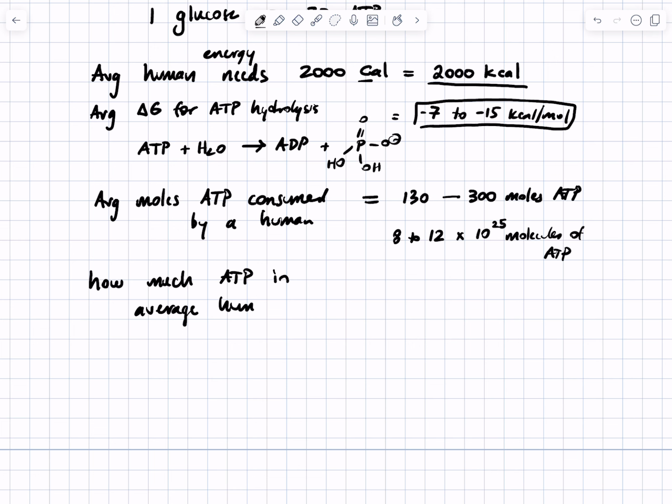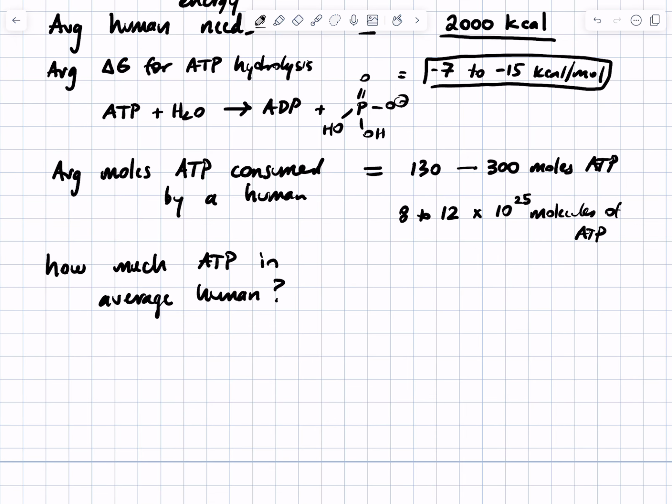To do this, you need to know the average concentration of ATP in a human, and it ends up being, I'll just make it simple, 0.003 to 0.004 moles per liter. And then you need to know the average volume of a human.